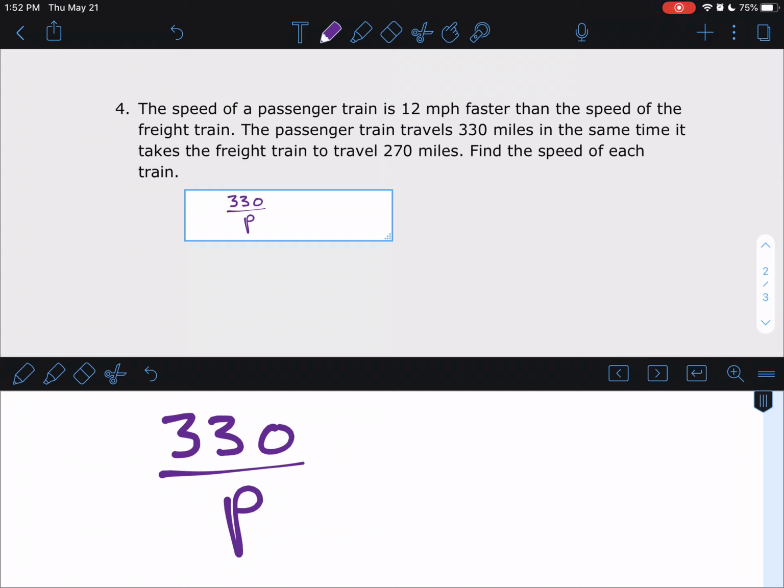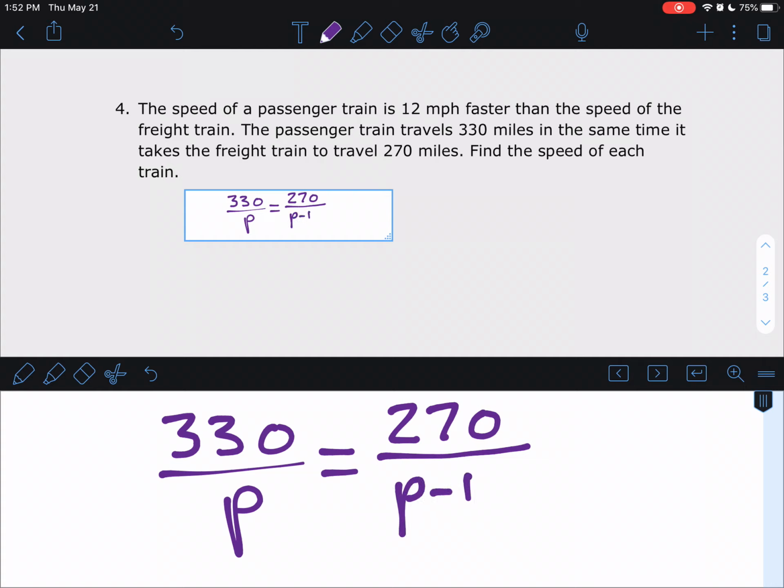And this one is different because we're just going to straight up say it equals, and then the freight train is traveling 270 miles, but the freight train travels 12 miles per hour slower than the passenger train. So it's the passenger train minus 12.